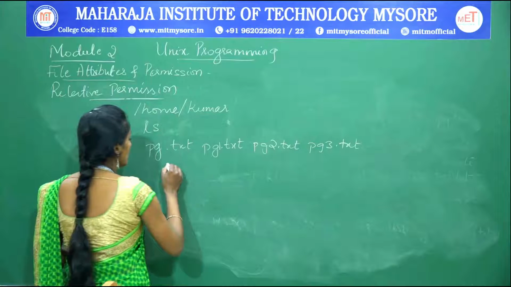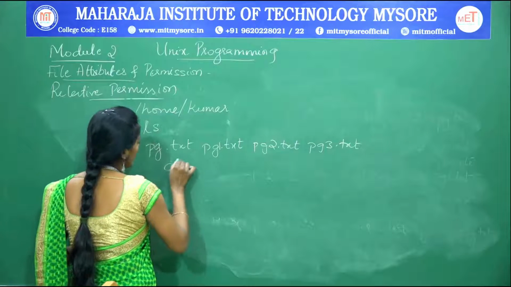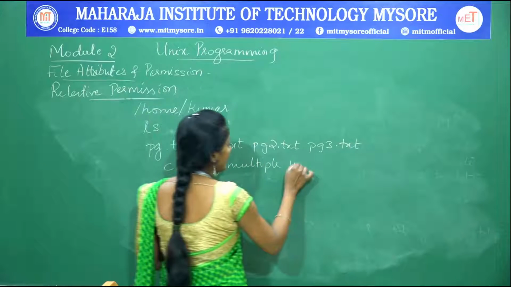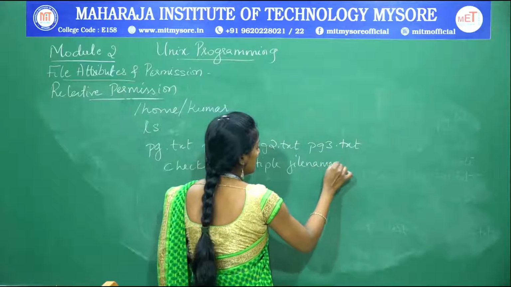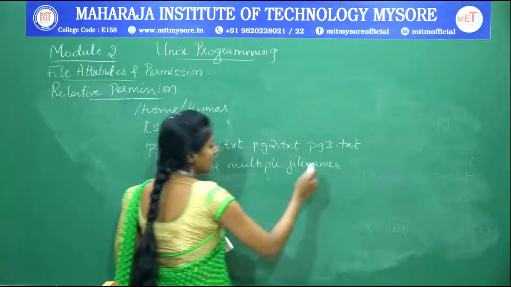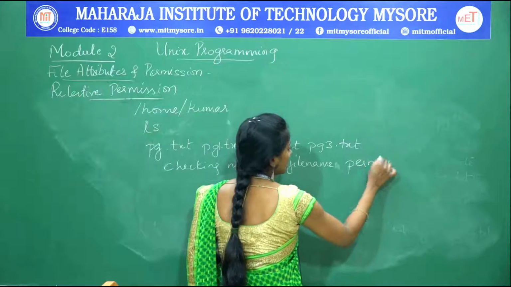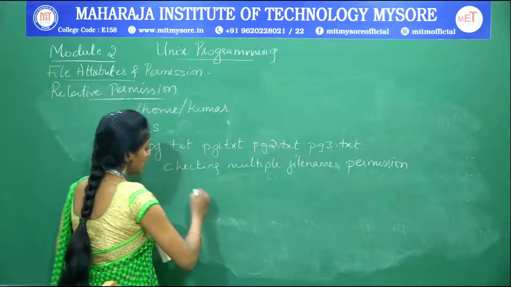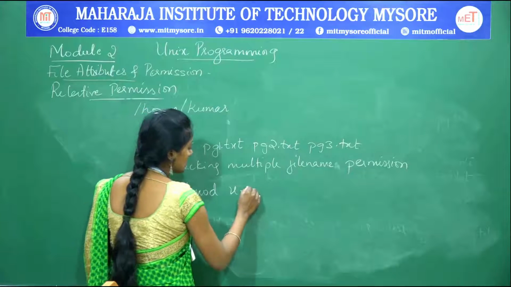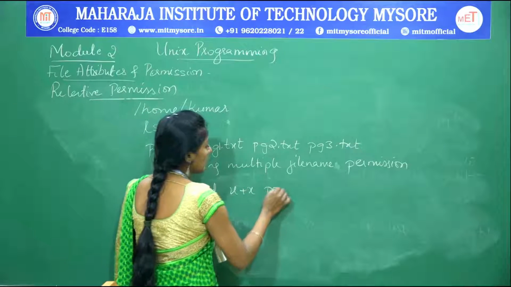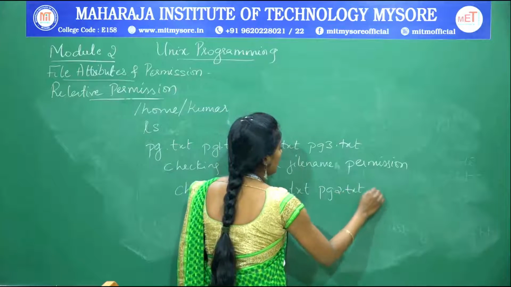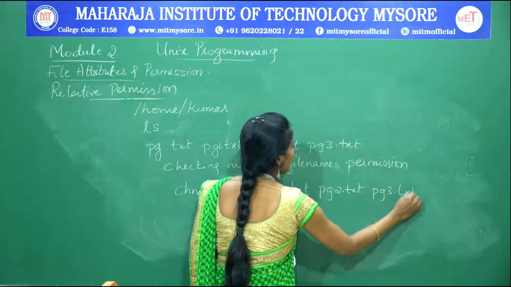Now, applying and checking multiple file name permission using chmod: chmod u plus x for pg1.txt, pg2.txt file, then pg3.txt file.